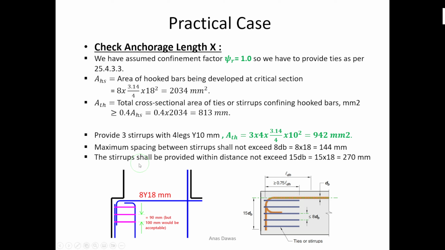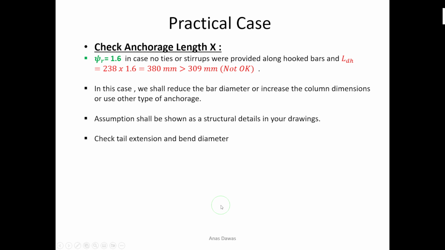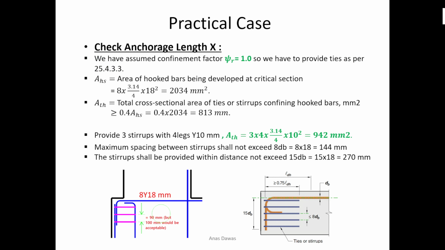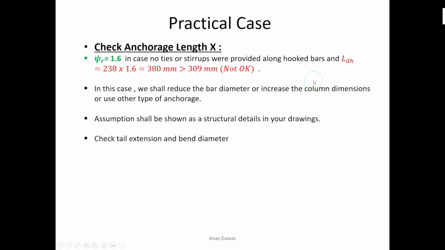And also the stirrups shall be provided within a distance not exceeding 15 times the diameter. This picture can be found in the ACI code, by the way. As I have said, the additional ties should be within a distance of 15 diameters. This is very important. If you don't provide these ties, the confinement factor will equal 1.6.